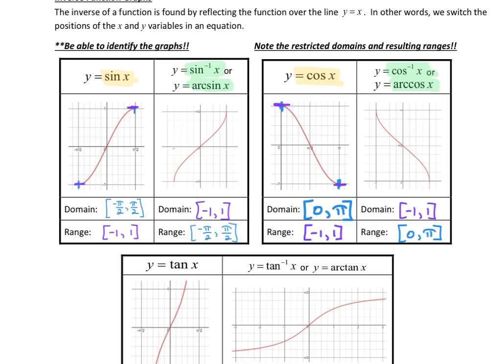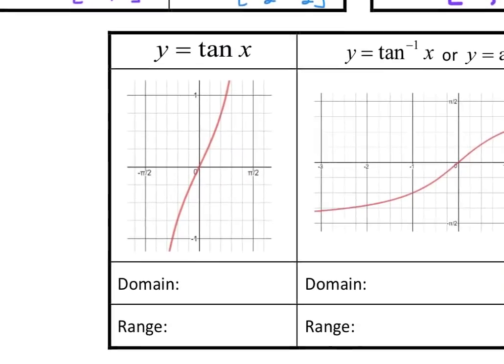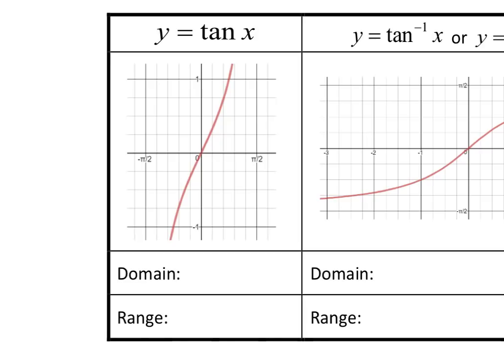With tangent, it's going to behave a little bit more like sine than cosine. Although remember, with tangent, you've got the situation where you have all real numbers. So if you look at your original graph of the tangent function, the tangent that's not inverse, remember that you have asymptotes at positive and negative 90, and your domain literally goes from asymptote to asymptote.